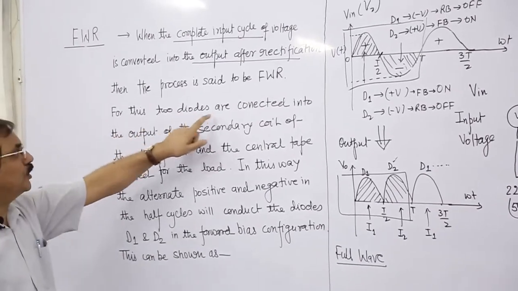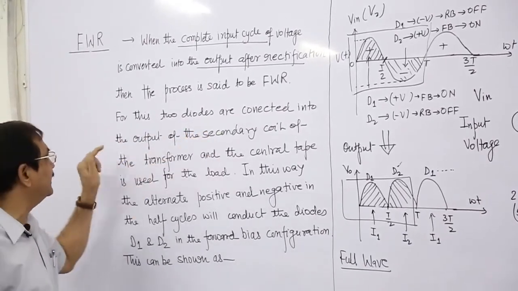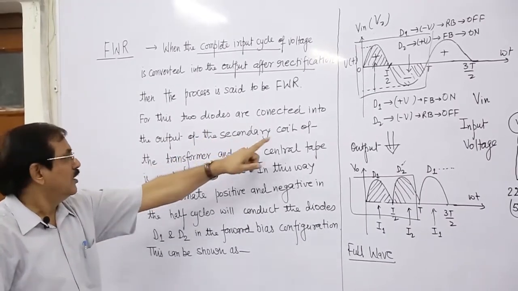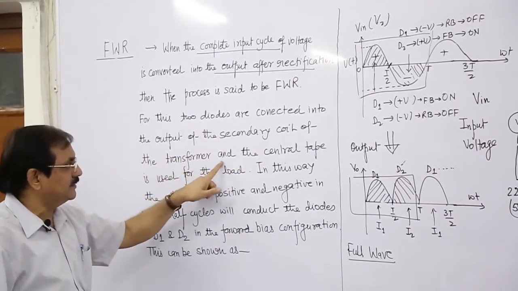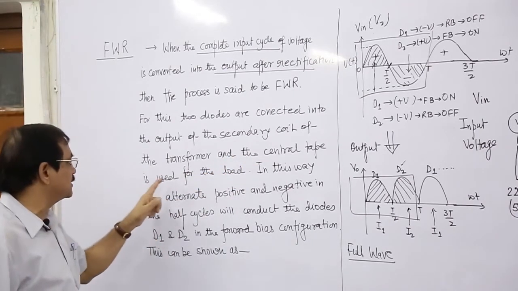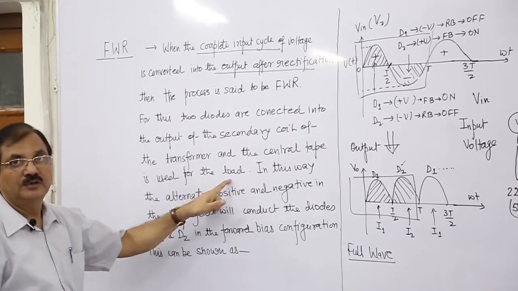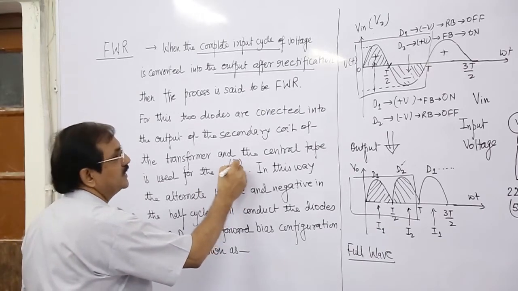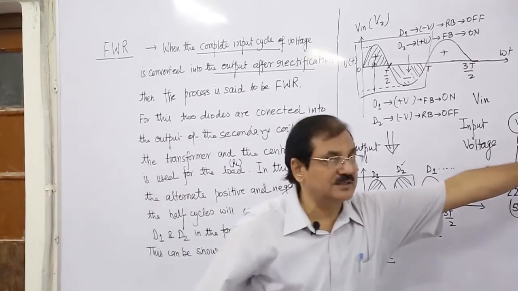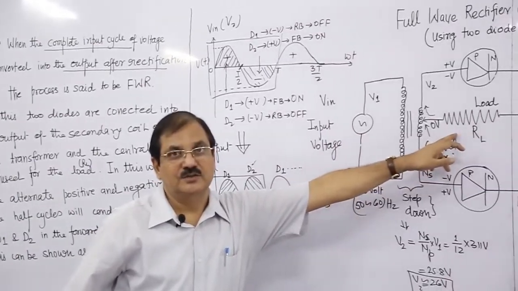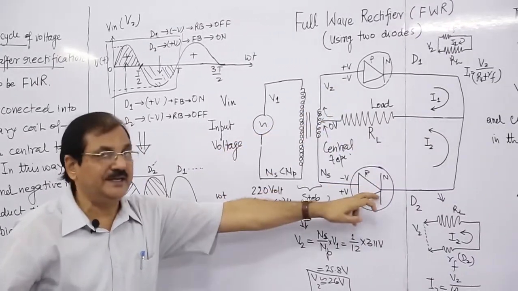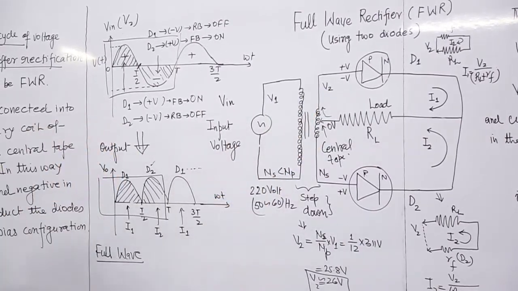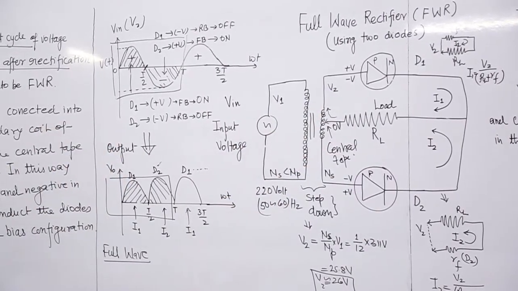For this, two diodes are connected to the output of the secondary coil of the transformer, and the center tap is used for the load. This load is RL. So, two diodes D1 and D2 and one load are there.